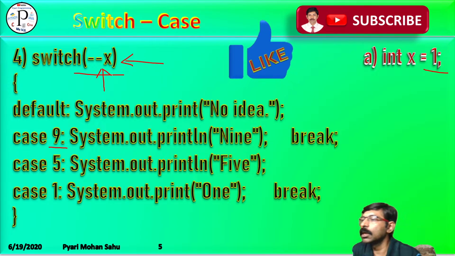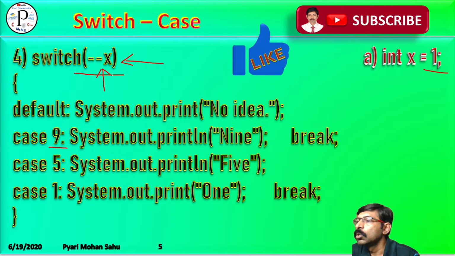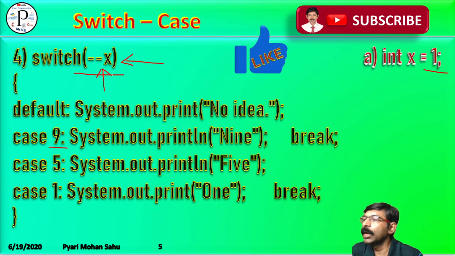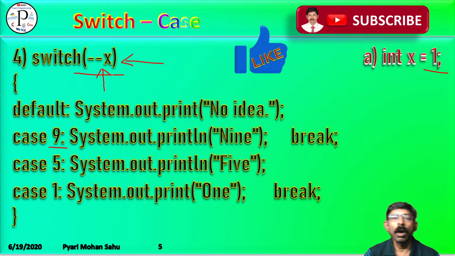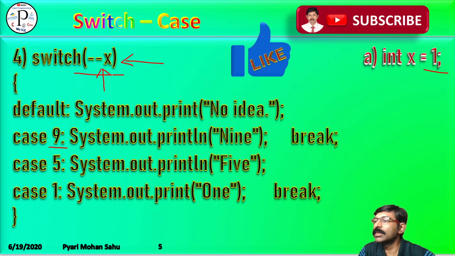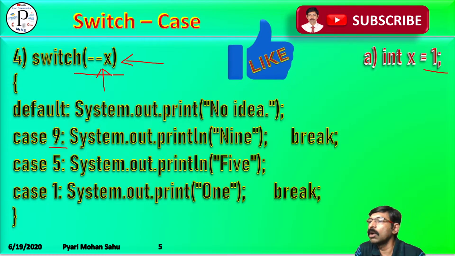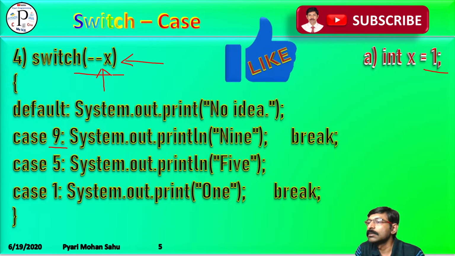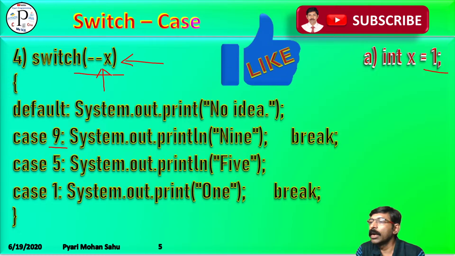Okay, did I get the answer? No idea. No idea 9. No idea but 9. How is it possible? Arey beta, if you are saying you don't have any idea, then how did you get 9, Rajesh? 4, no idea.